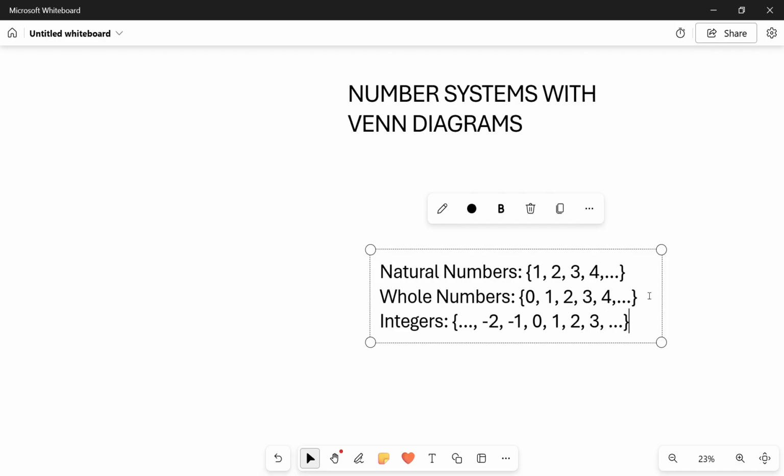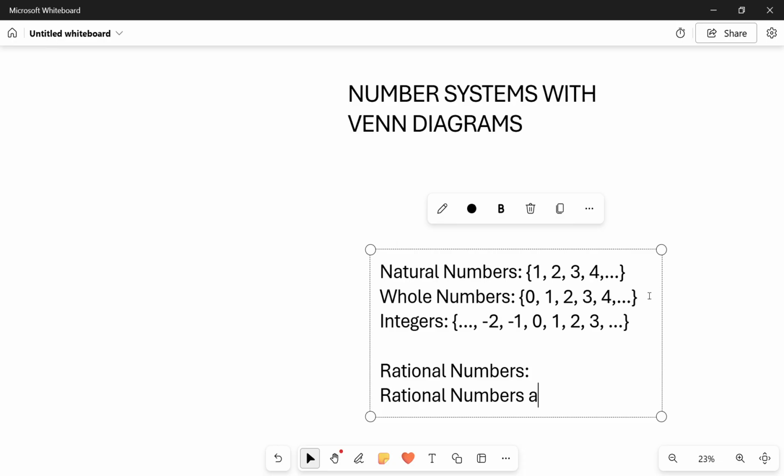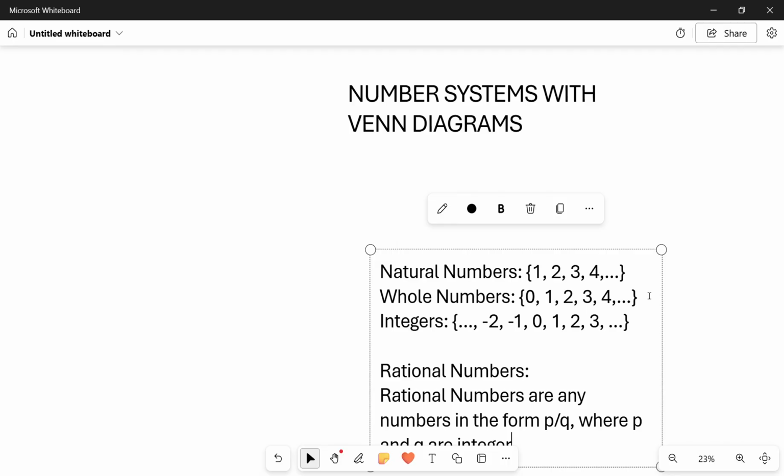Yeah. Then you have rational numbers. Now rational numbers is something different. Okay, let me explain rational numbers to you. Rational numbers are any numbers in the form p over q where p and q are integers and q is not equal to 0.